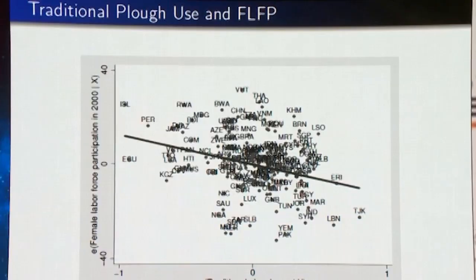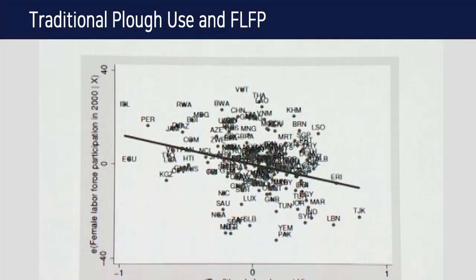On the x-axis is a measure of the fraction of a country's ancestors that engaged in plow agriculture. And on the y-axis, you see female labor force participation. Those societies that traditionally were engaged in plow agriculture are now the societies where women don't work. Even though the society is no longer in agriculture, those cultural values still persist.